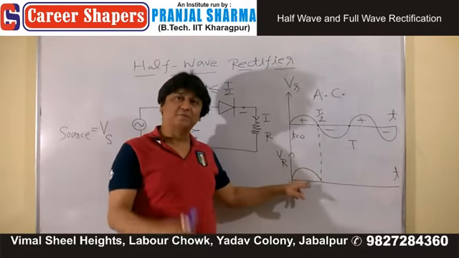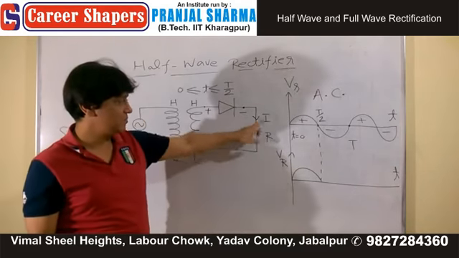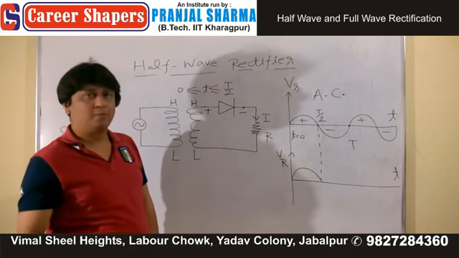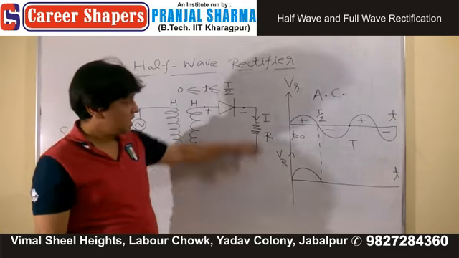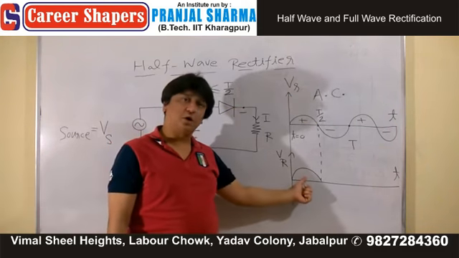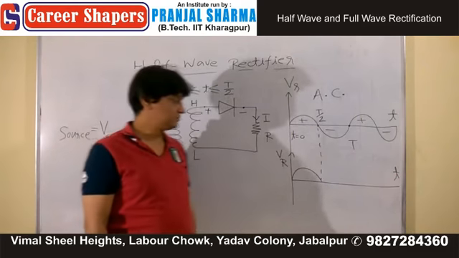These peaks are not the same. Your VR is basically I multiplied by R. The point is, half of the signal appears across the resistor or external load.